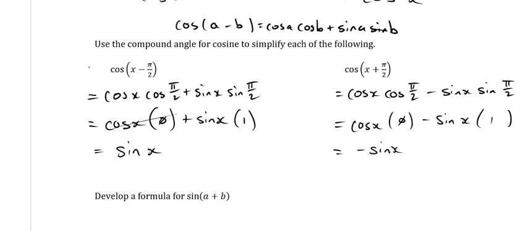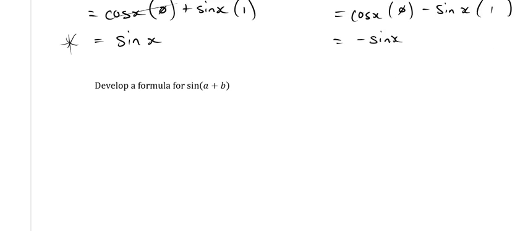Let's start with this relationship. Cos of x minus pi by 2 is equal to sine of x.